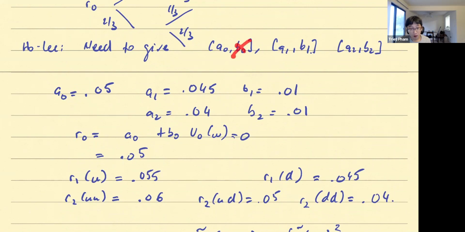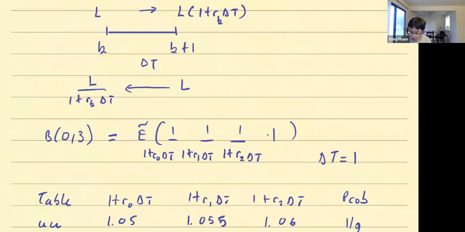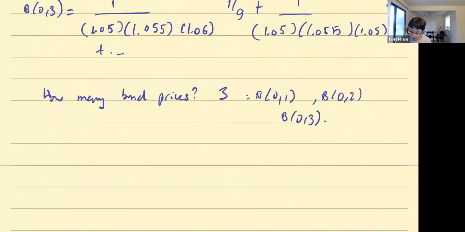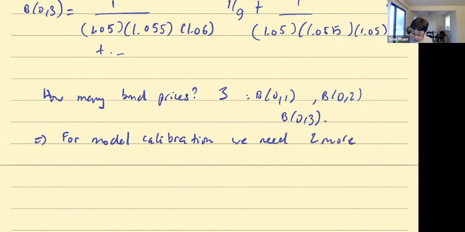Because B0 doesn't matter. So you have 5 unknown parameters. So for purpose of calibration, for example, right, for model calibration, we need 2 more. Since we have 5.